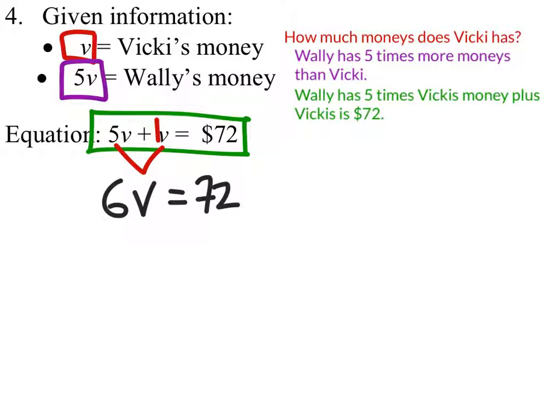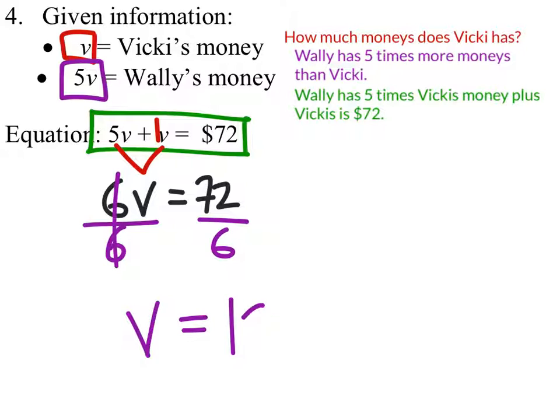So what would we do now to solve? Subtract 6 from 6V? That's close. See, if we subtract 6, it makes a 0, right? Well, we want a 1V out of this thing. So divide by 6. 6 divided by 6 will give us the 1. 1V equals 72 divided by 6. Bam, 12.